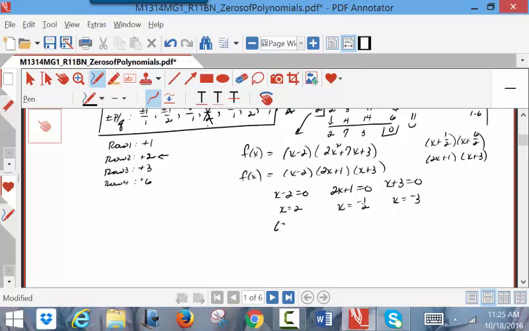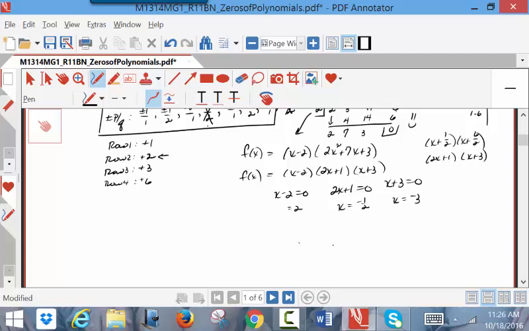So this becomes the x-intercept, or the 0 of the function, at 2, 0, at negative 1/2, 0, and at negative 3, 0. These are the actual zeros of my polynomial. These are the true x-intercepts.